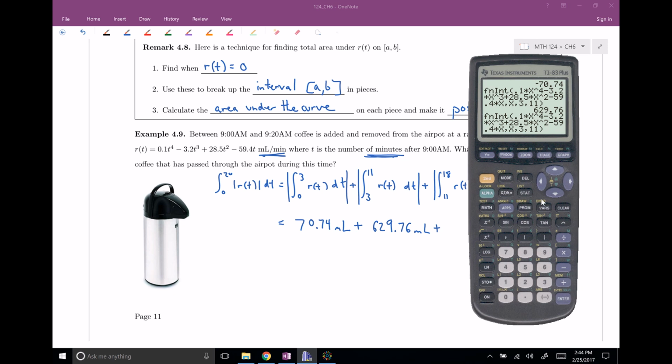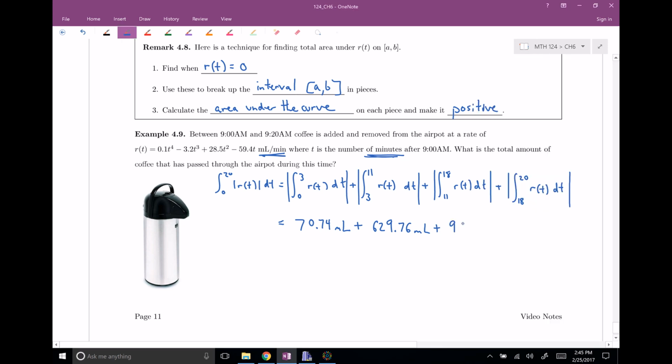And then from 11 to 18, again, go back to this, do second and enter to get entry. And now we're going from 11 to 18, close parentheses and hit enter. So then some was taken out. Ooh, almost a full liter, right? 967.26 milliliters.